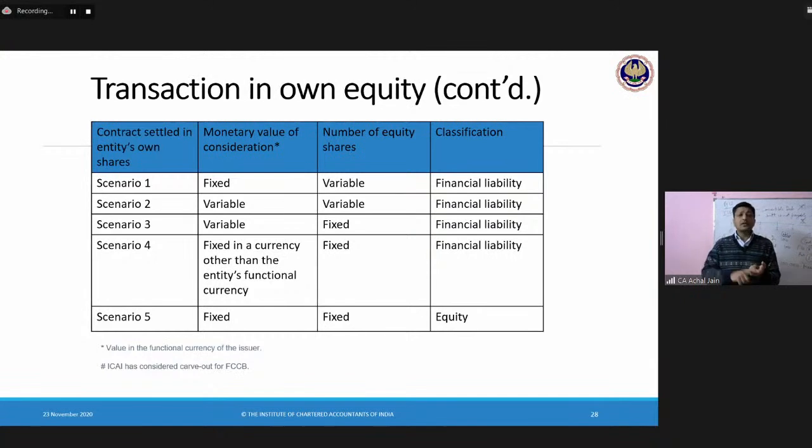This has to be done only for those instruments which are called equity after passing test number 1. That means if an instrument has been called a financial liability after going through test number 1, you should not apply this fixed for fixed principle on that, because the fixed for fixed principle is meant only for equity. So you should not get onto financial liability for that.